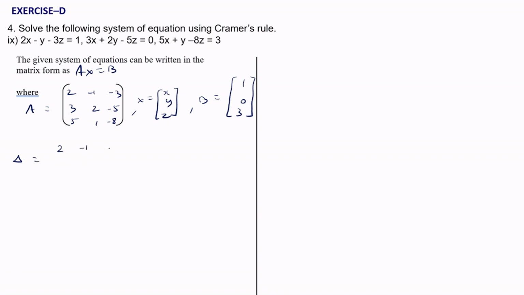Now delta is the determinant [2, minus 1, minus 3; 3, 2, minus 5; 5, 1, minus 8]. So here let us expand along R1.